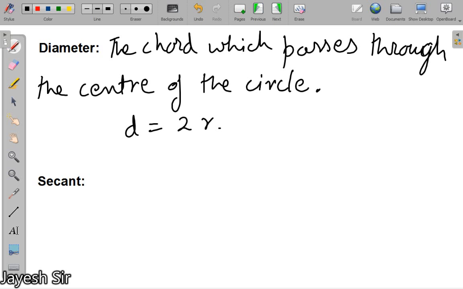Okay, next is secant. Up till now we have been talking about the line segments related to the circle. Now secant is something else. It is a line itself along with the circle.